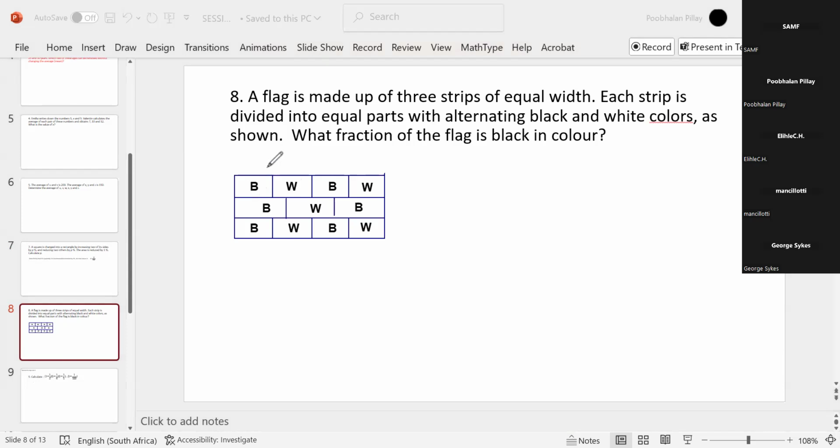You can say, suppose each of the small rectangles has dimensions A and B. But then you have this problem here, where although the breadth is the same, you'll have to have another symbol for the length. That complicates matters, so then you have too many symbols. So putting symbols here is not going to help you too much.